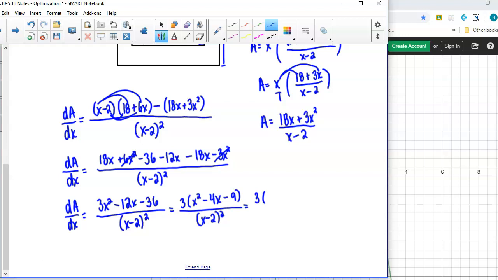Oh, it's not 9, I'm dividing by 12. That's better. And then that will factor into x minus 6, x plus 2. So that's an extensive derivative that you've got to take there.